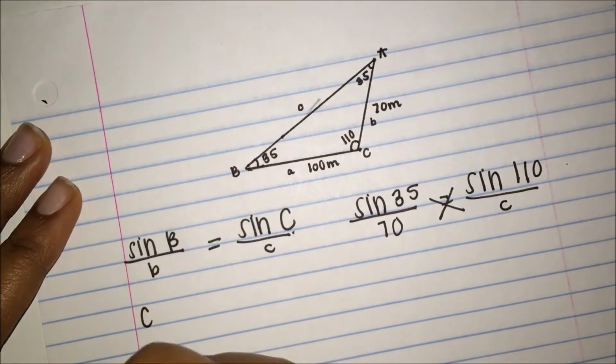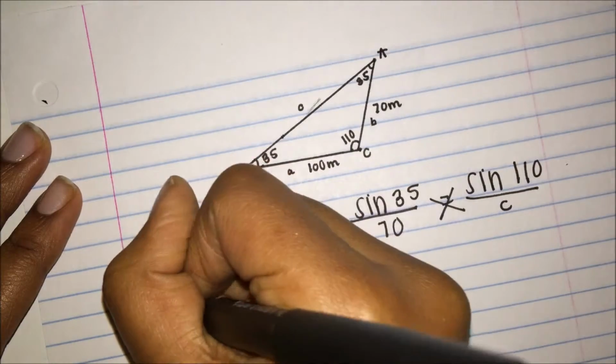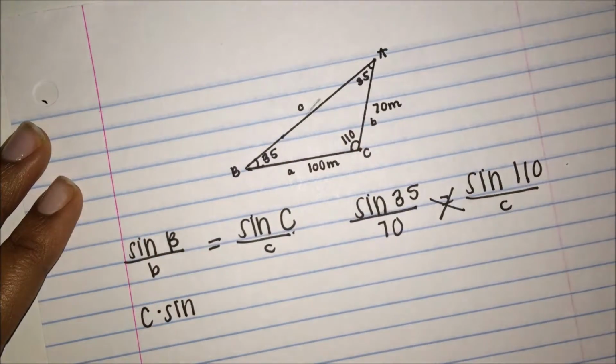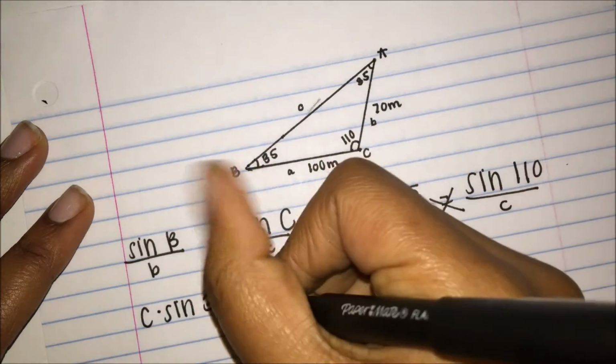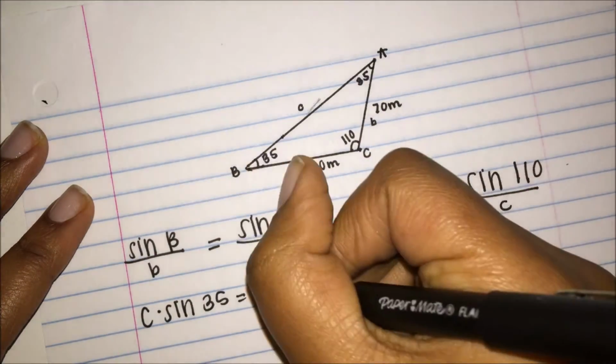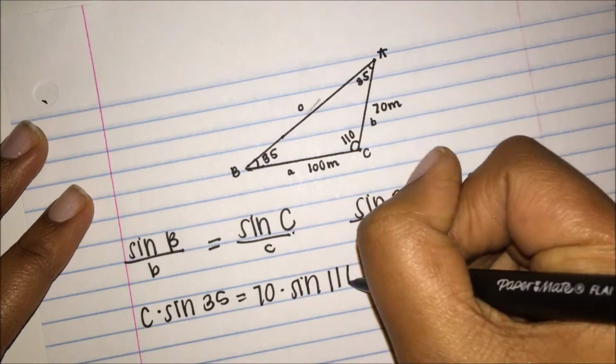So c times sine of 35 equals 70 times sine of 110.